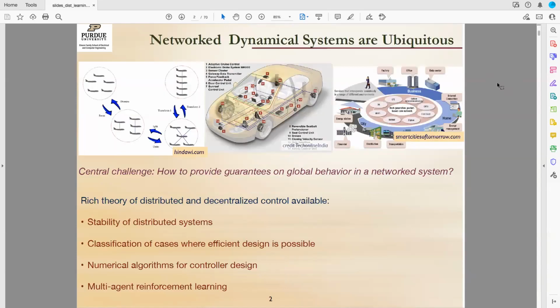For a long time, distributed or networked dynamical systems have been considered in our community. Papers in Transactions on Automatic Control on distributed systems go back at least to the 1960s. I did not search the 1950s, but I'm pretty sure there would be some there. The applications of interest keep changing.